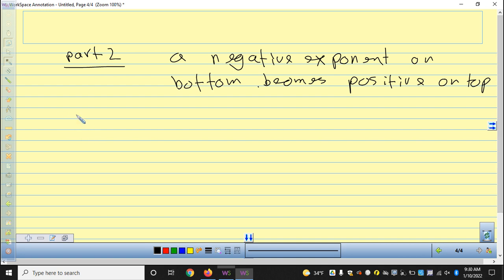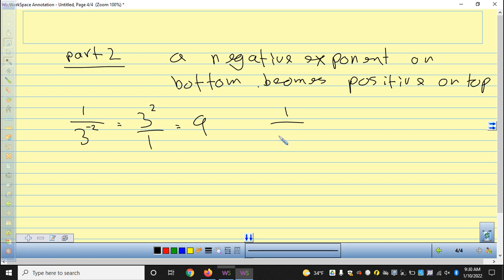So, for example, 1 over 3 to the negative 2. I have a negative exponent in the bottom of the fraction. We turn that into a positive exponent on the top. And I can think of this as 3 squared over 1. Which is 9.